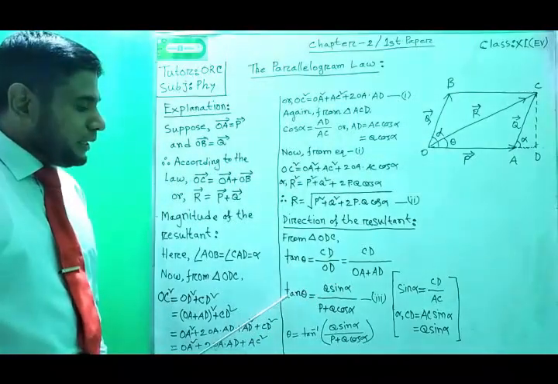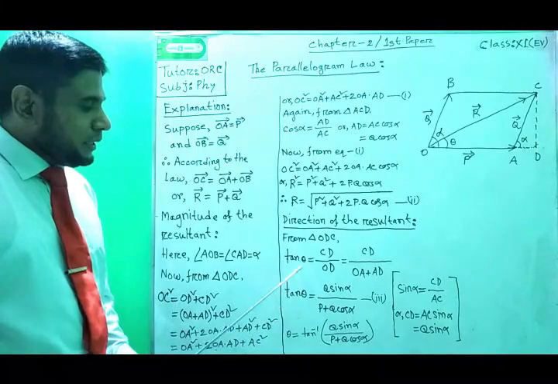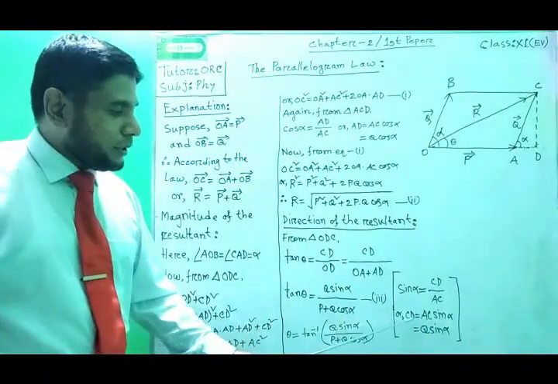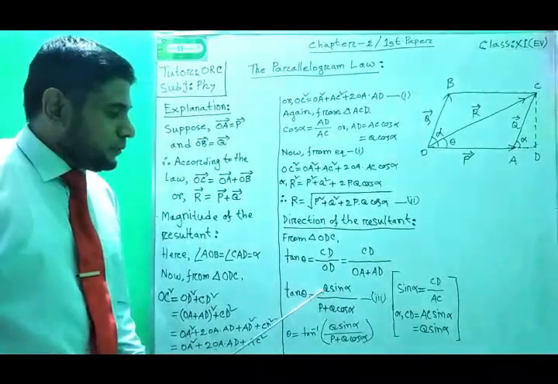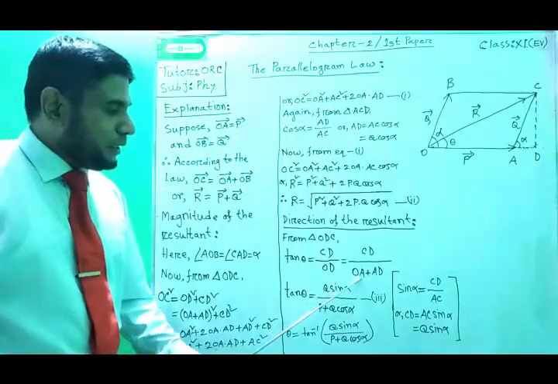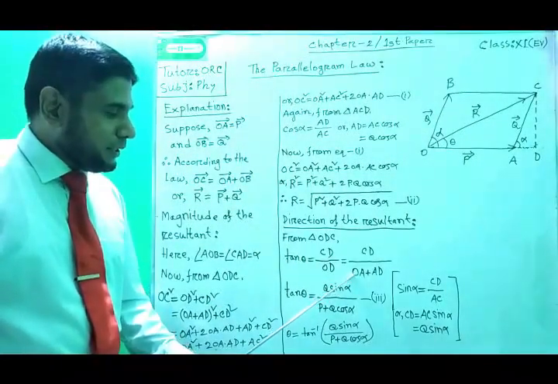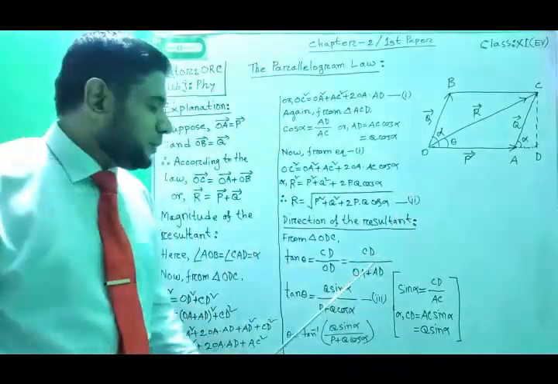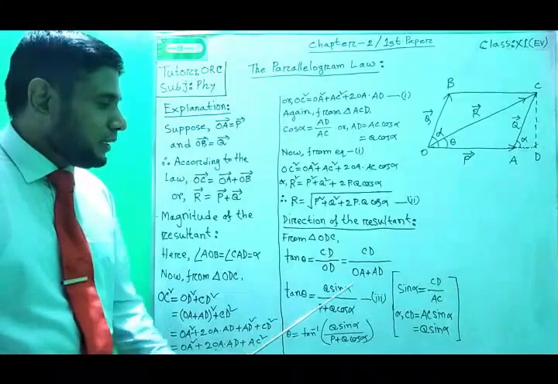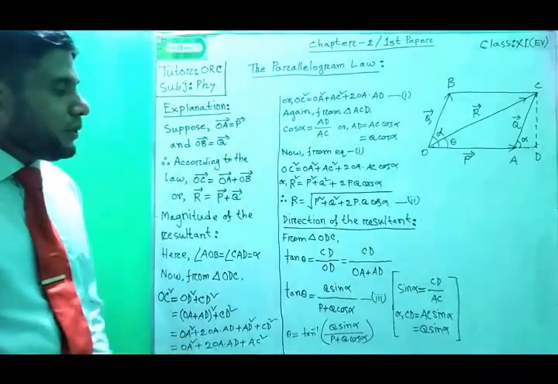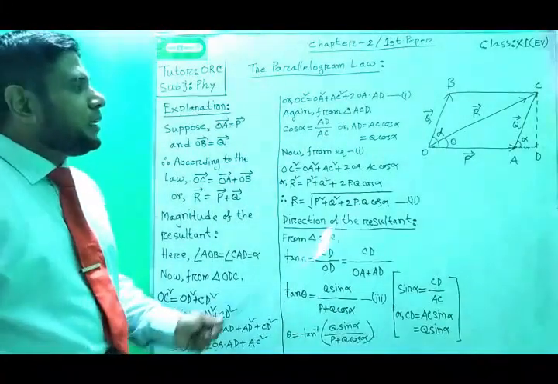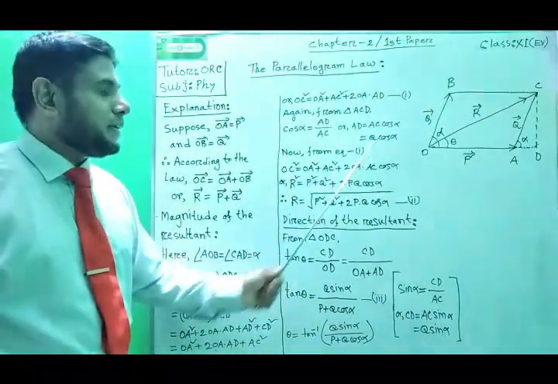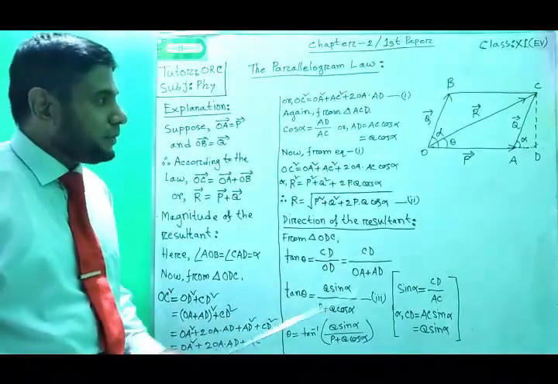This is why we can write tan theta equal to, in the place of CD, Q sin alpha, and OA we know already. OA indicates the vector P, we will submit the magnitude P, and AD. We have already got the value of AD from here: AD equals AC cos alpha.